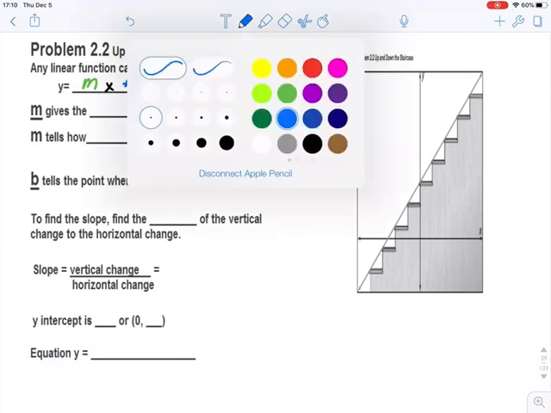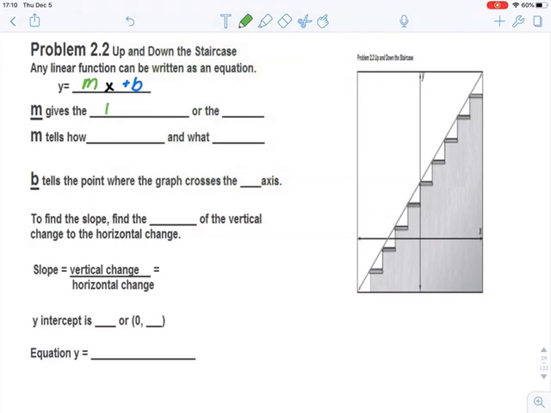Okay. M gives you either your rate or the slope. Now, I'm not sure what else they want us to write here, but I do know that the M tells us how to move from one point to another.